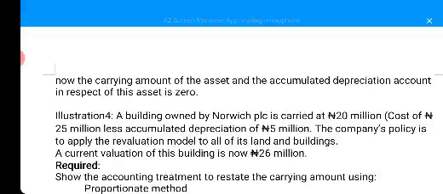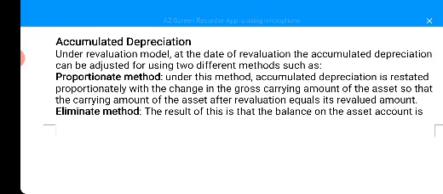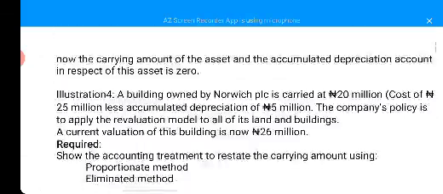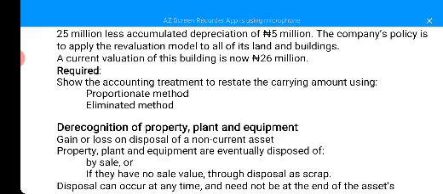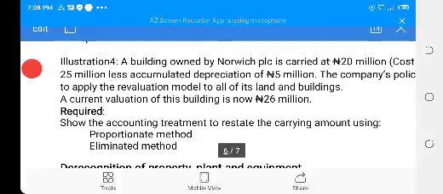In our next class, before we proceed to our next standard, which will be IAS 36, we will look at this, then I will explain it, then we will solve the question before we move to our next class.